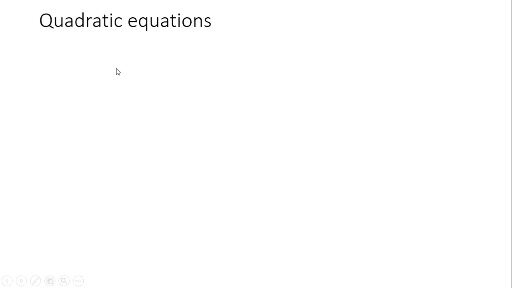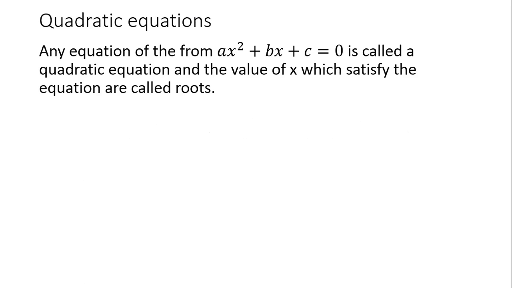So a quadratic equation is an equation whose highest power is a 2. So I'm saying an equation of the form ax squared plus bx plus c equaling 0 is called a quadratic equation, and the values of x which satisfy the equation are called the roots.